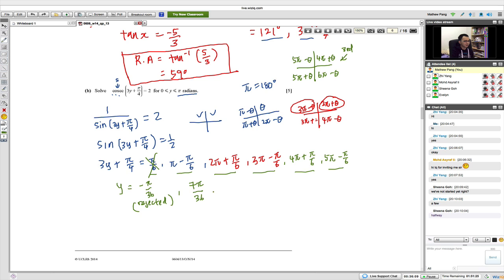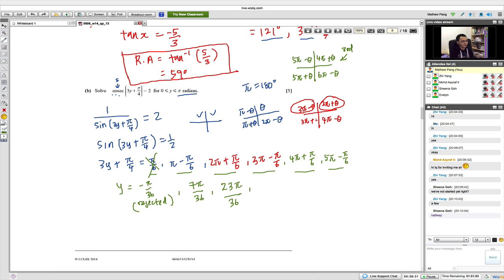This one will be 2 pi plus pi over 6, and then minus pi over 4, and then divided by 3. So this one will be 23 pi over 36.